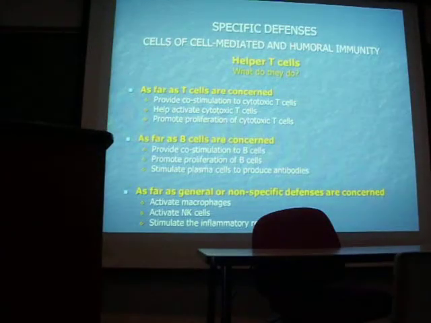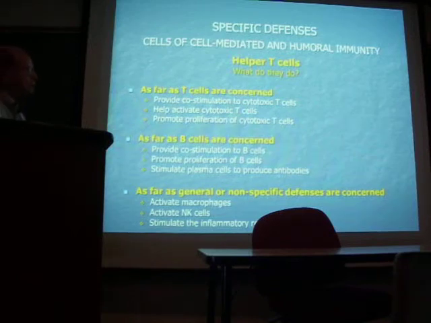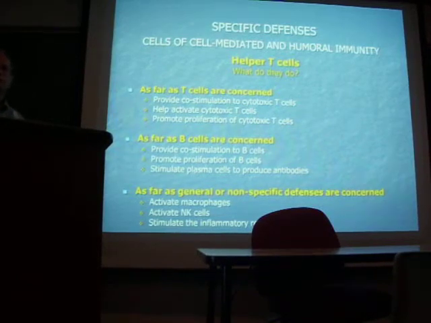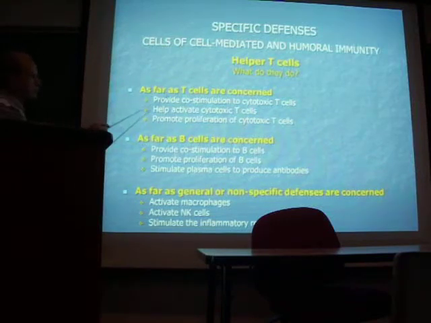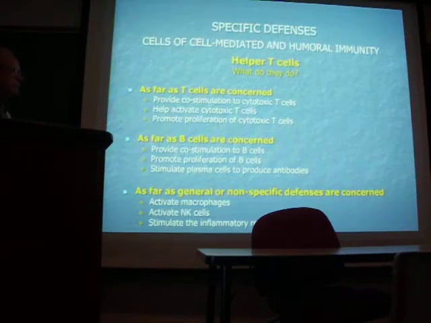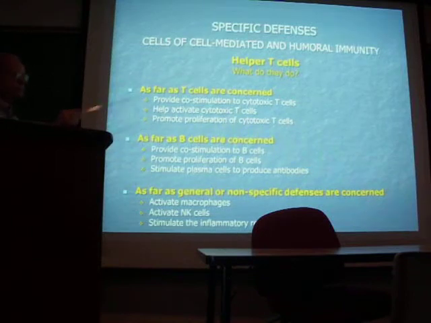That's exactly right. So what all do these helper T cells do? Well, as far as the cytotoxic T cells are concerned, they provide co-stimulation to them. They help activate the cytotoxic T cells. They promote proliferation of cytotoxic T cells.